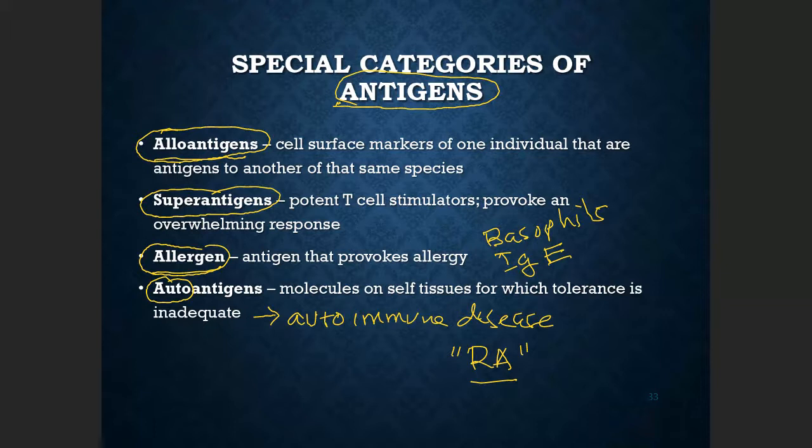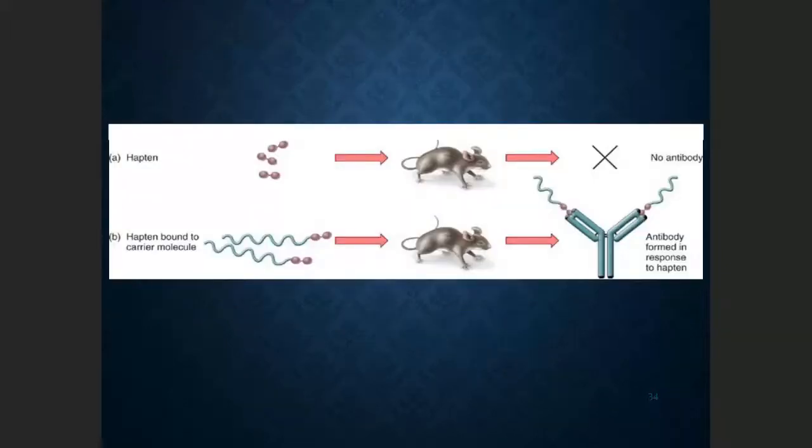So that's what we call autoimmune disease. This is just an example. There are some proteins that, when present by themselves, will not provoke the antibody. So this is not an antigen. Remember, an antigen is the one that provokes our immune system.